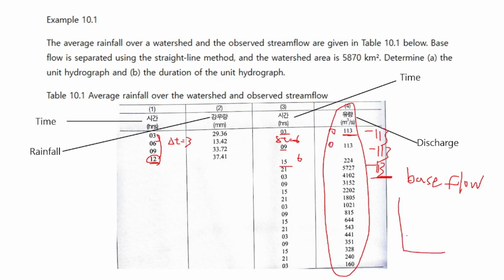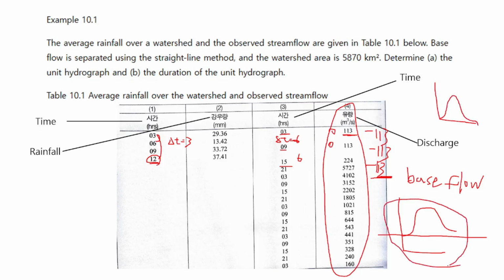So instead of having a hydrograph that looks like this, we subtract this area, and it becomes like this. That's the direct runoff hydrograph, and this is just the normal discharge hydrograph. Because we subtracted 113 all throughout, it becomes the direct runoff hydrograph like this.